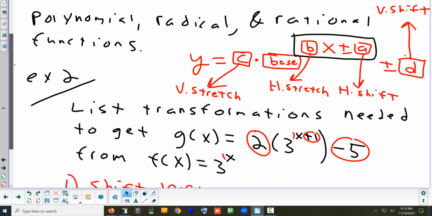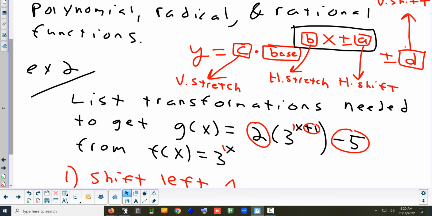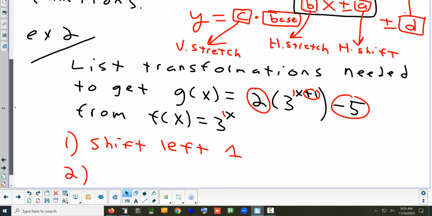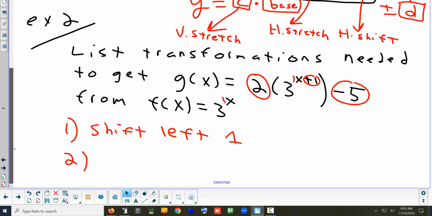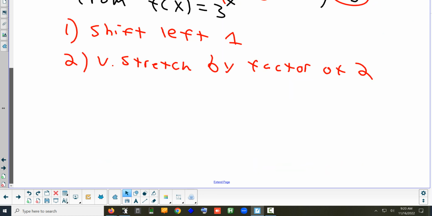We already said there's no b value that's different. It's a 1 here, it's a 1 there. So we don't have to worry about b. So we move on to c. Can anybody tell me what the c value is going to do? All right. Vertical stretch by factor 2. Good. So vertical stretch by factor of 2.